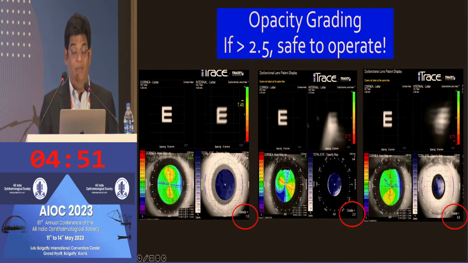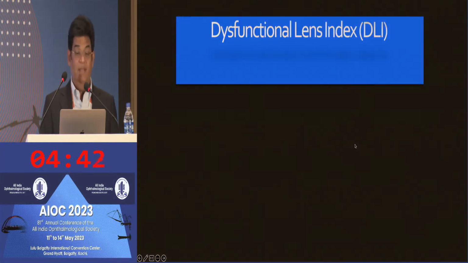at the map of the patient, it shows an opacity grade which is more than 2.5, and it also shows a DLI value. These are the kind of gradings given on the eye trace. The DLI is the dysfunctional lens index.